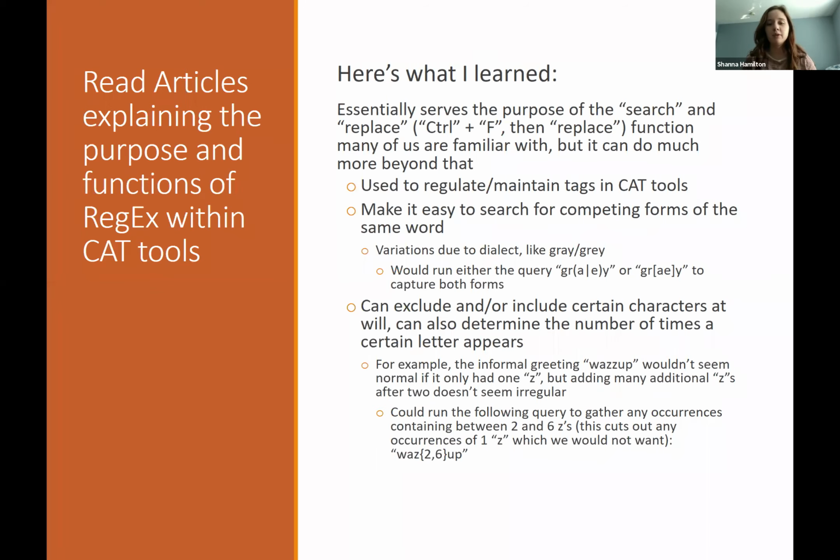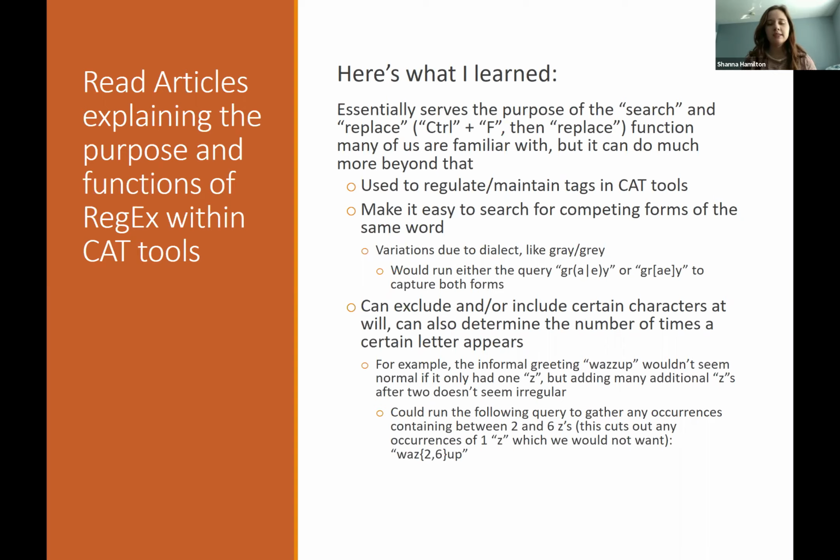For example, gray spelled with an A versus an E. If I wanted to see when gray was appearing and I wanted both of the spellings, I could use one of these searches as seen on my slide here, either with a pipe between the letters in parentheses or using the brackets, because then it would search for both forms of the word and I could gather all my results in one search.